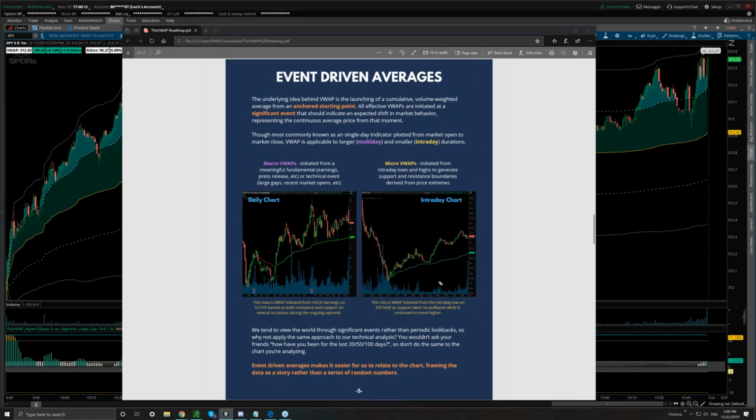So we can create either very short-term VWAPs launched from a critical area, maybe a local low at 11 o'clock Eastern. So, we have a strong sell-off in the morning, and then maybe the market makes a significant low. Similarly, on the daily chart, we can launch it from, as I described here, meaningful, fundamental, or technical events.